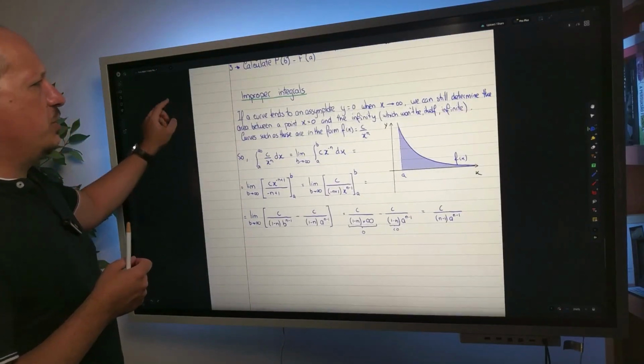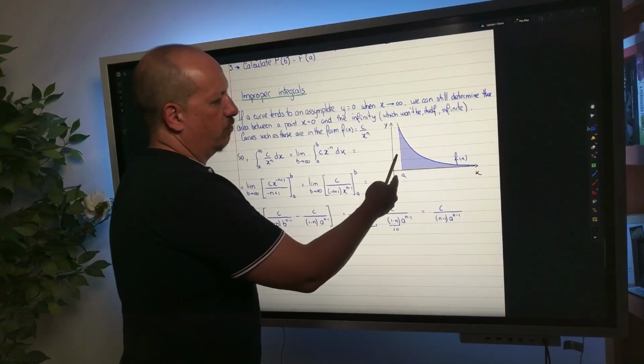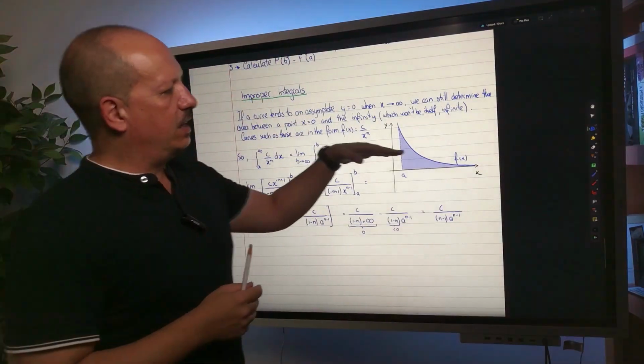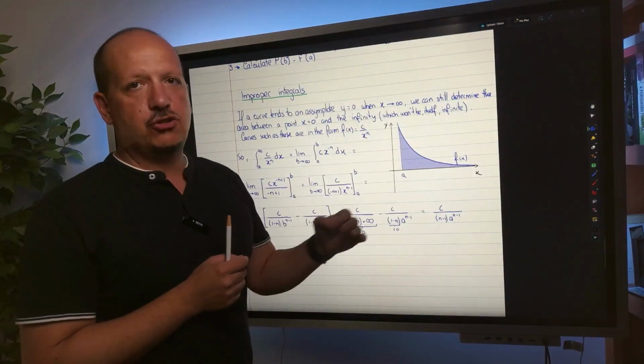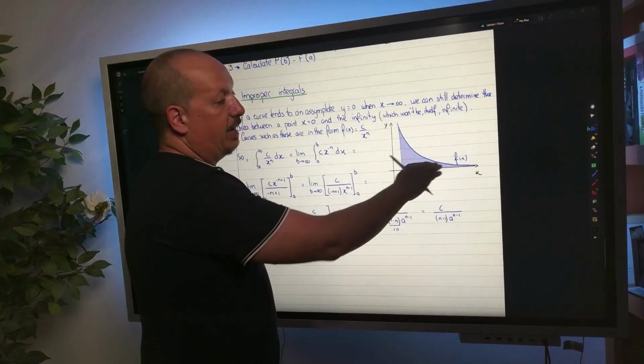What if you have situations, this is even rarer, if you have situations in which you just have one limit of integration, a function such as this one. It goes on forever. It tends to go to 0, the y coordinate, but it never actually touches. But the area is going to be a finite value.